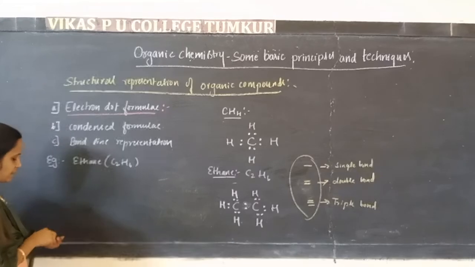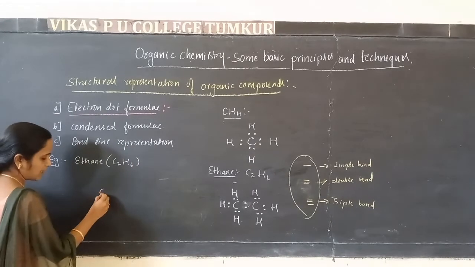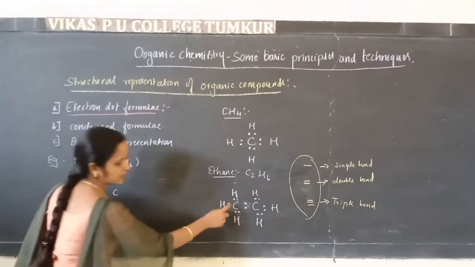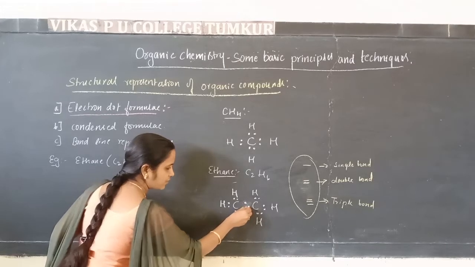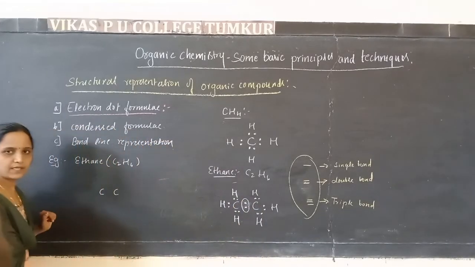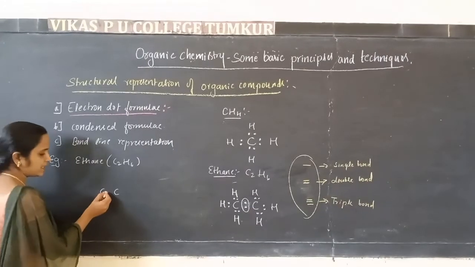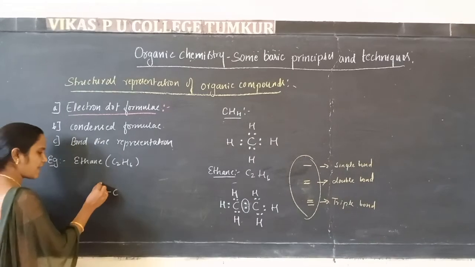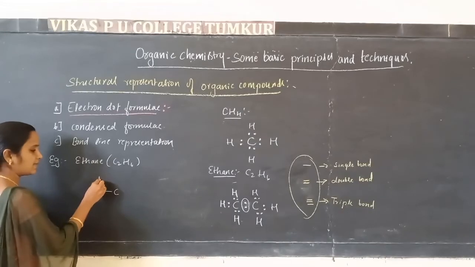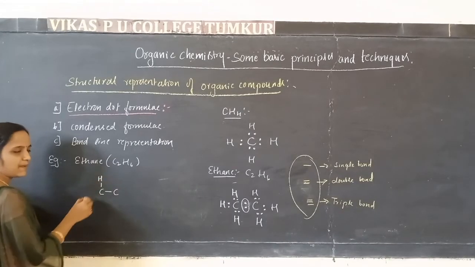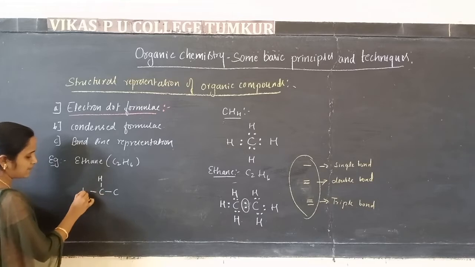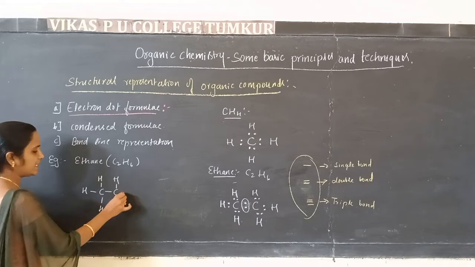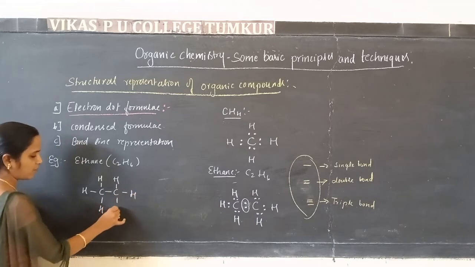There are two carbons, and in between these two carbons there is a pair of electrons, which we represent by a single dash. Then each hydrogen atom attached to the carbon has a pair of electrons, which is represented by a single bond. This is the complete structure of the compound.